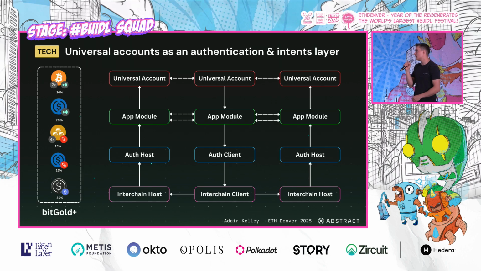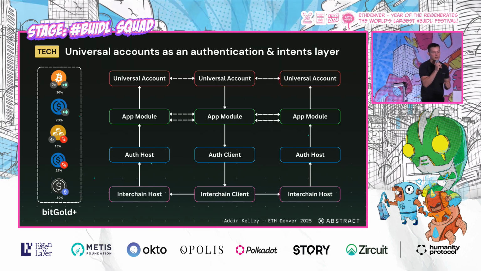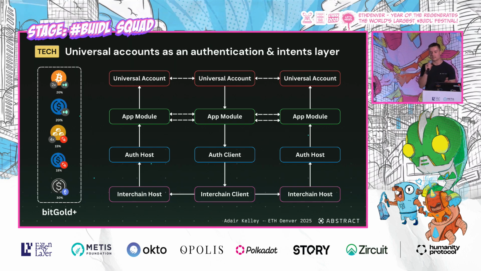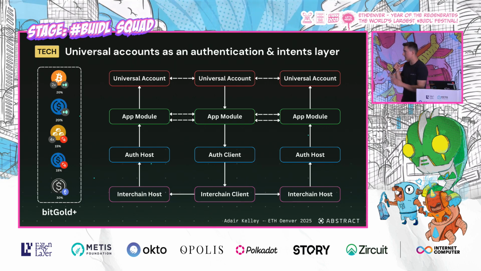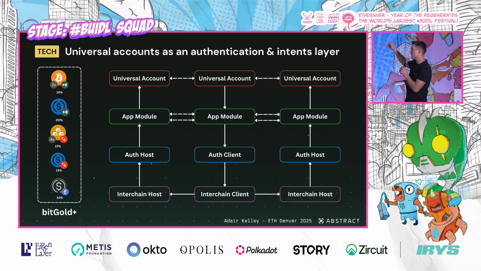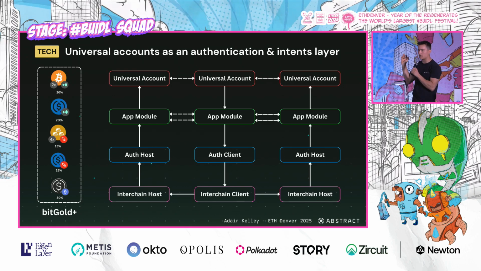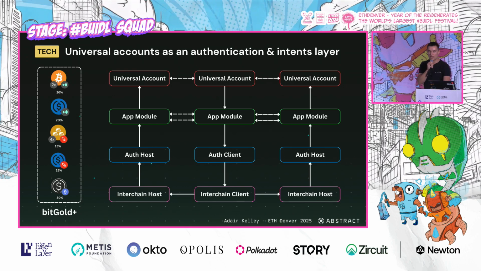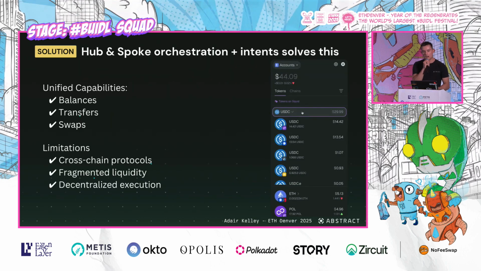You have the authentication, and you can send a message from any chain to any other chain, and it's all authorized via the hub. Something that's not mentioned on the slide is that this middle account here is acting as the client and the hub, and these right and left accounts are actually the spokes for this different application. So we have a hub and spoke model that also uses intents.